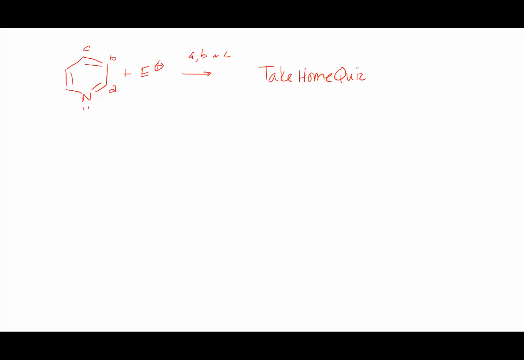Add E plus to C, write all the resonance structures. And then tell me which one has the most stable combination of resonance structures, so that we can figure out where the E plus should add. So we'll make that the take-home quiz for Friday.